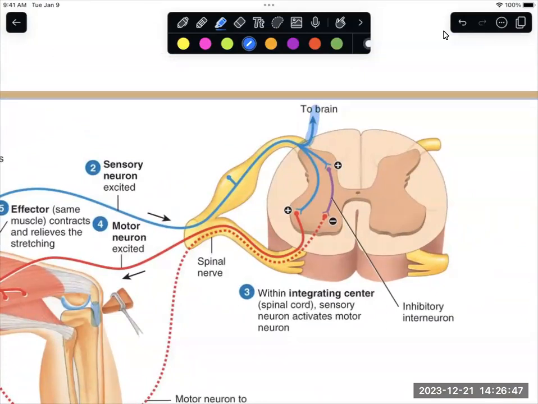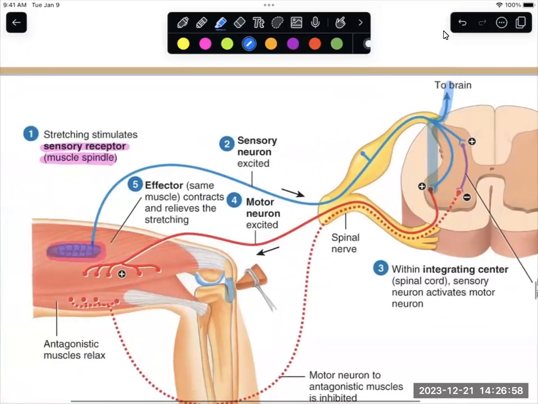So another place this information is going, the sensory information is going to connect to this motor neuron to tell this muscle here to contract. Here's the interesting thing.